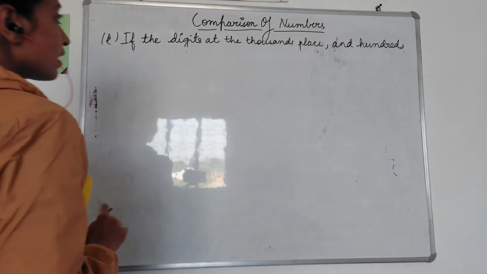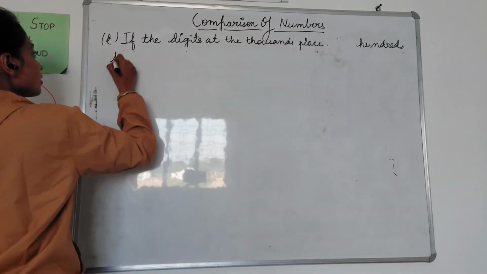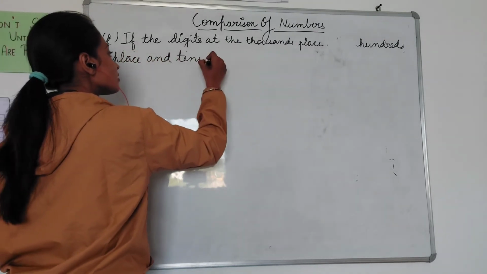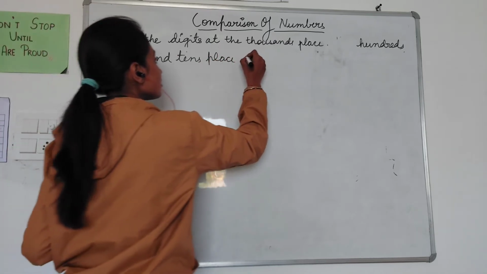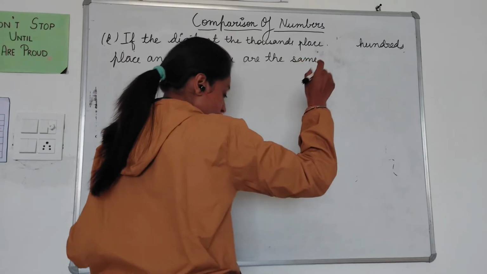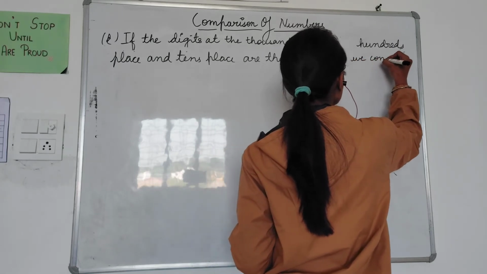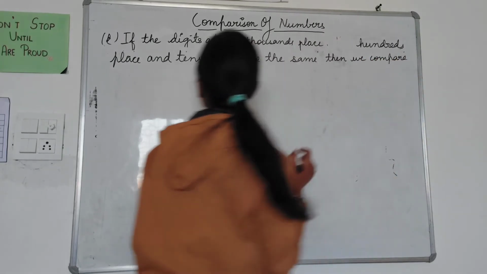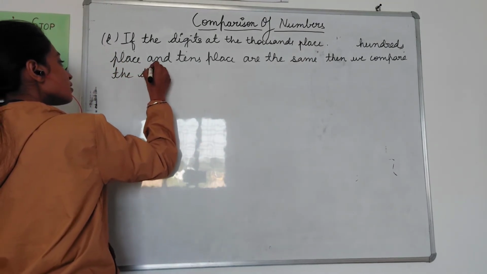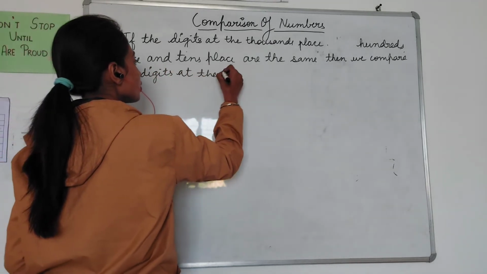Okay, if the digits at thousands place, hundreds place, and tens place are the same, then we compare the digits at the ones place.